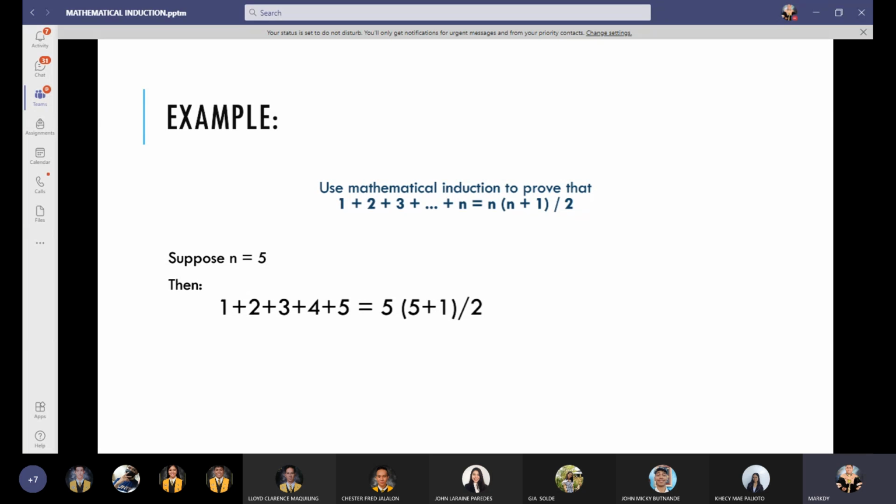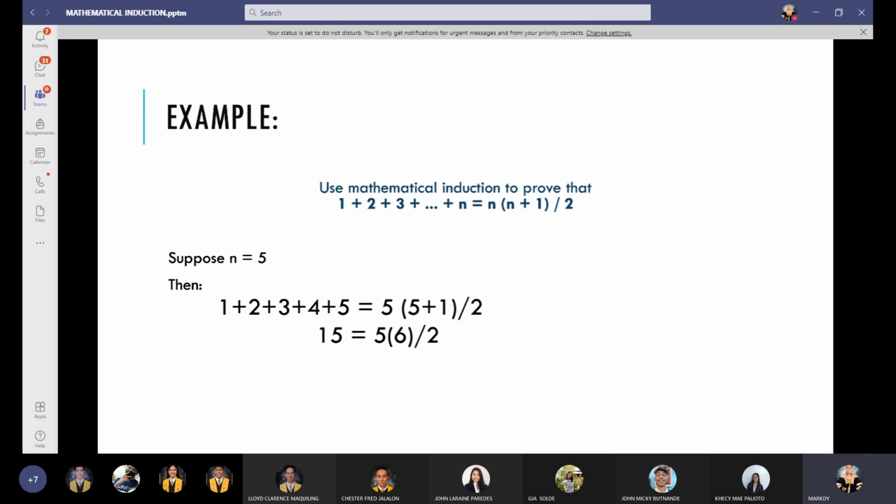On our right side, since n is 5, we have 5 times 5 plus 1 divided by 2. On the left side, if we add the numbers, 1 plus 2 plus 3 plus 4 plus 5, it will give us 15.